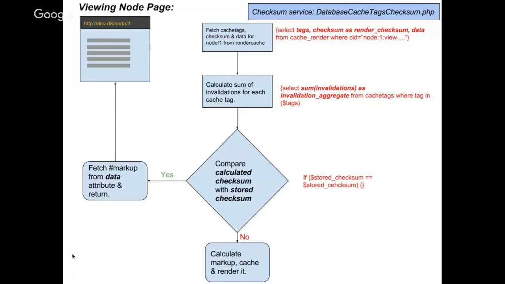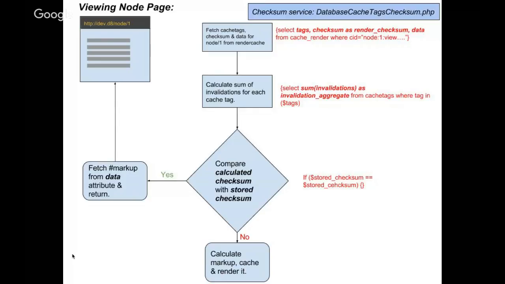So we have fetched the list of cache tags on which this render array is dependent. We have fetched a checksum value. For now, let's assume this checksum is nothing but an integer value. We'll see what this checksum is in a short while. And we have fetched the HTML data which it had cached.